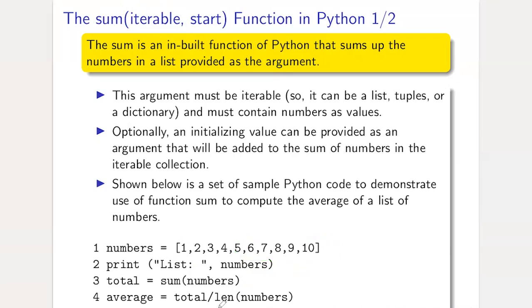So this is very useful if you want to take a sum of a set of values or compute an average. To compute the average, I will sum the numbers and divide it by the count, which I can get by taking the length of the list.